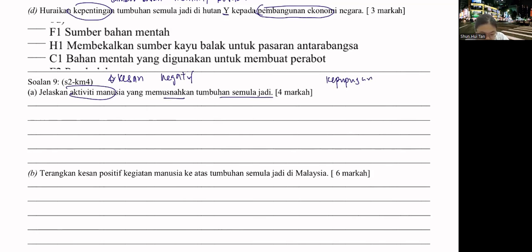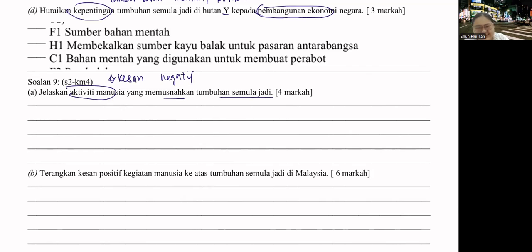We have ketidakseimbangan. You learn that the kesan is kepupusan. Then you need to think of it. Previously, you learned it in your huraian, but now you got to make it into your main point, which is because we do pembalakan, penyahhutanan, penerokaan hutan, and it causes what to happen?